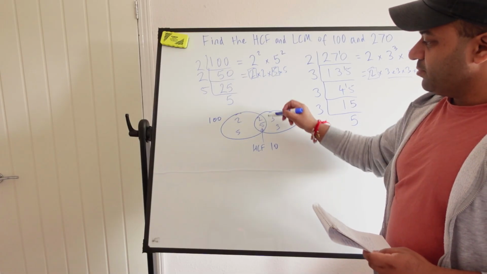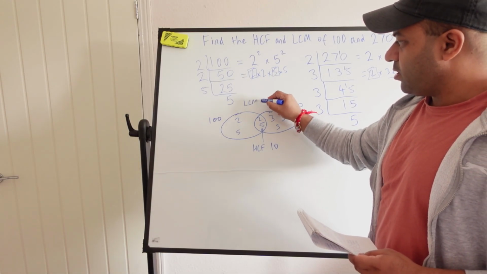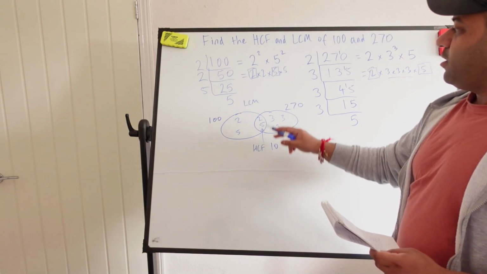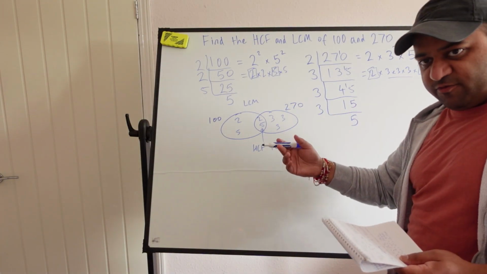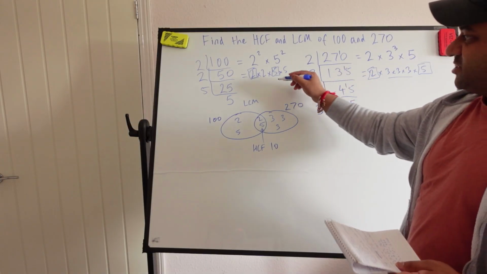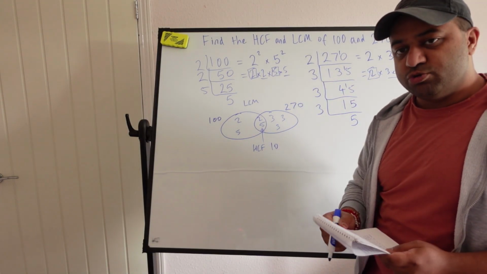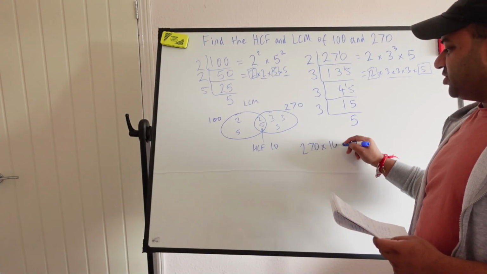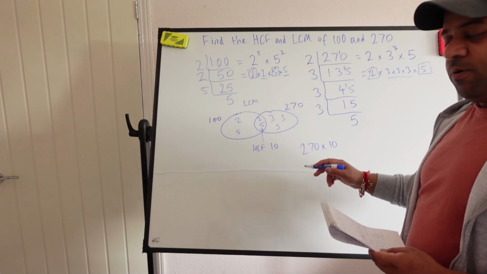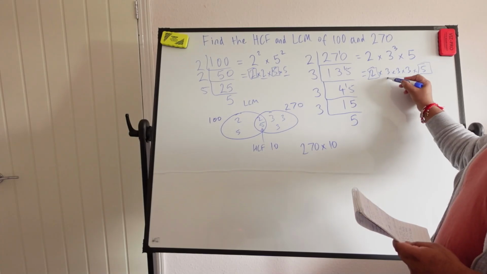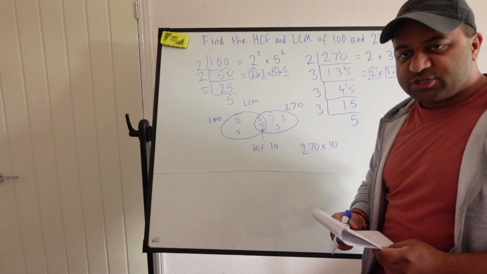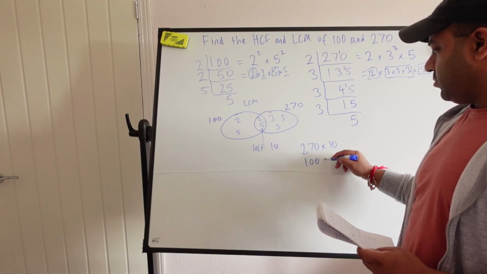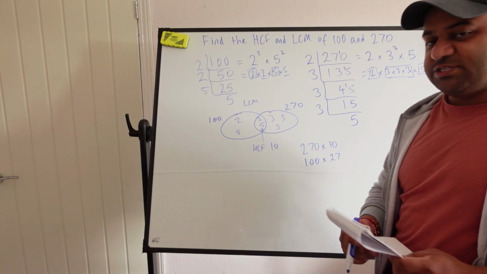And the lowest common multiple is all of these multiplied together, or we can give the 270 the extra 2 times 5, which is 10, or we can give the 100 the extra 3 cubed, which is 27.